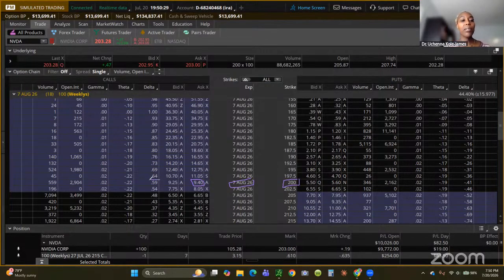What is my delta? 59. That means there's a 59% chance of this option remaining in the money in the next 18 days. I'm expecting a $16 move in the next 18 days. Do I love it? The open interest is 2,904. We can do the math, but I can tell you right now, 925 over 940 is going to be less than 10%. So let's also check for earnings.